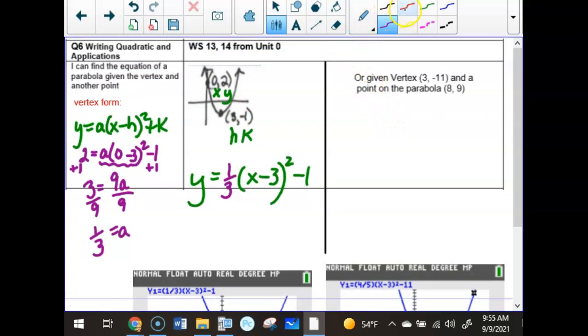One more? Okay. We're going to plug in the vertex is h and k. This point we're going to call x and y. We start with vertex form. We plug those numbers in. What's it going to say, guys? Help me out.